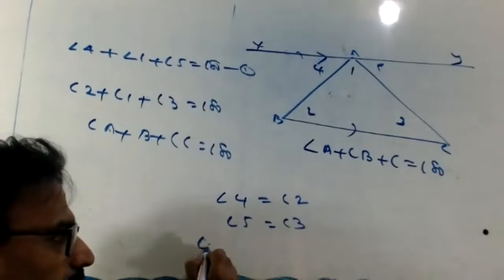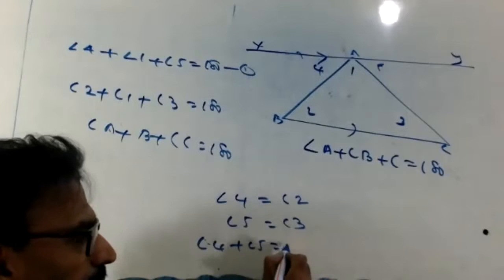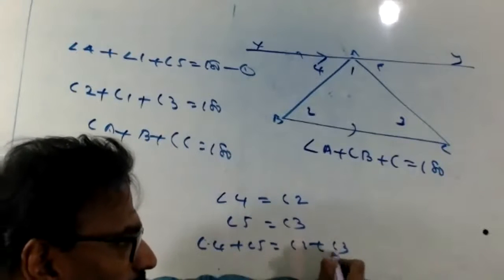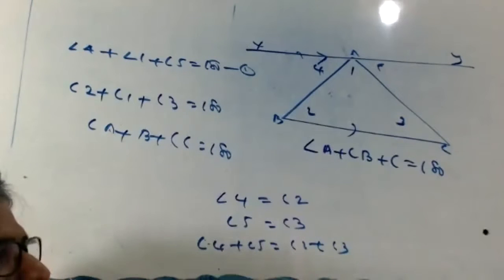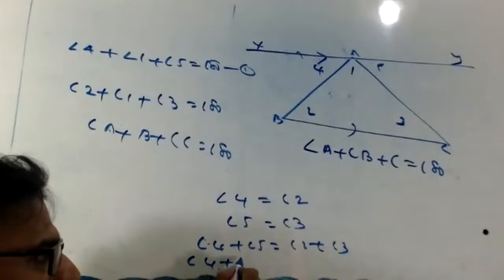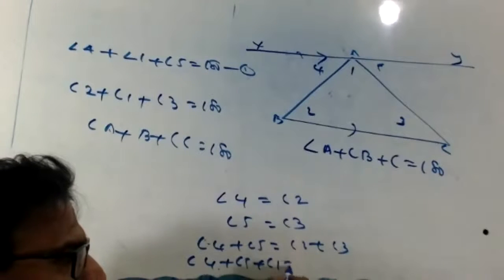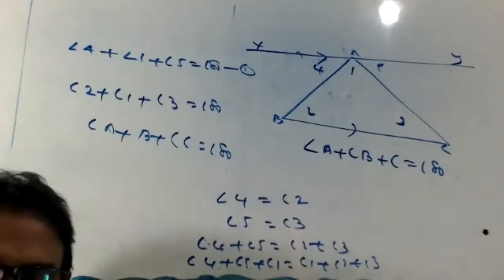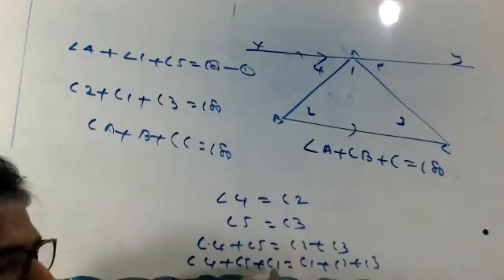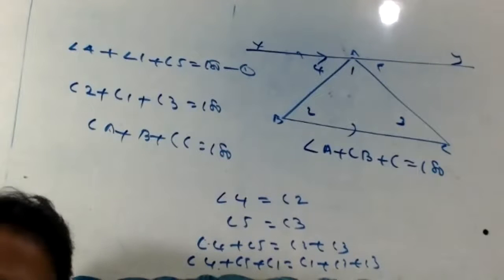Add both: angle 4 plus angle 5 equals angle 2 plus angle 3. Right? Then adding angle 1 on both sides, angle 4 plus angle 5 plus angle 1 equals angle 1 plus angle 2 plus angle 3. So 4 plus 5 plus 1 is 180. Finished. This way also you can do it.